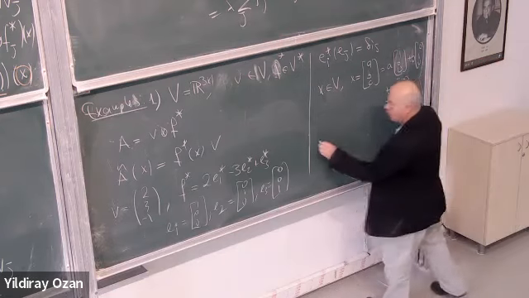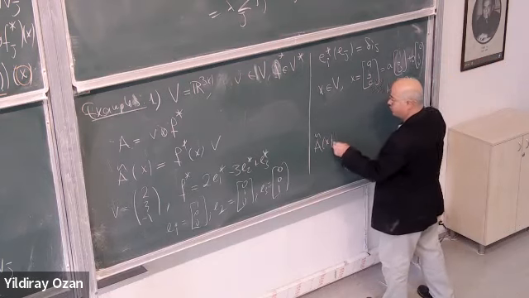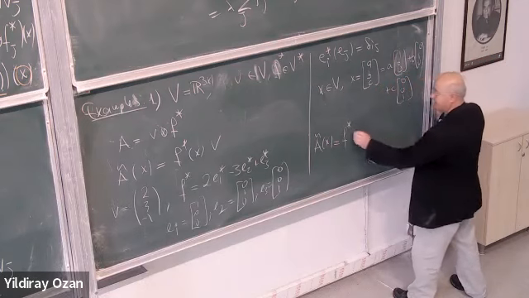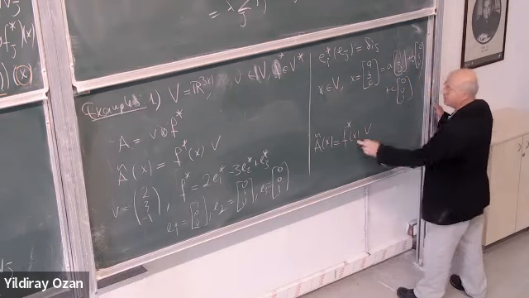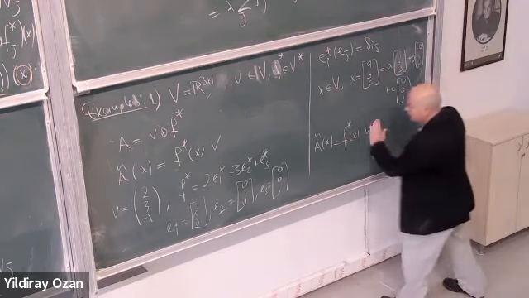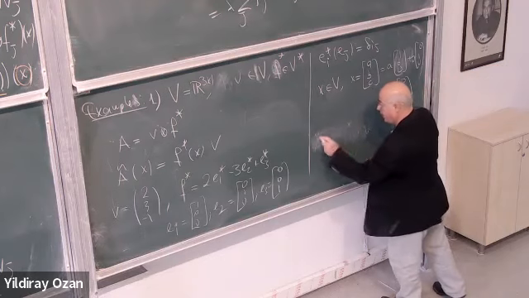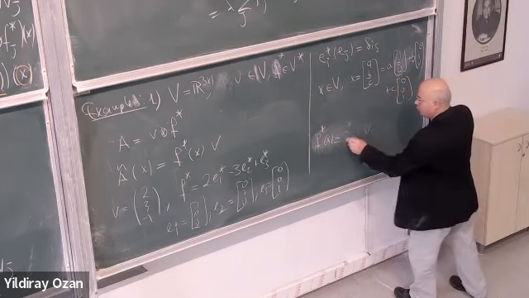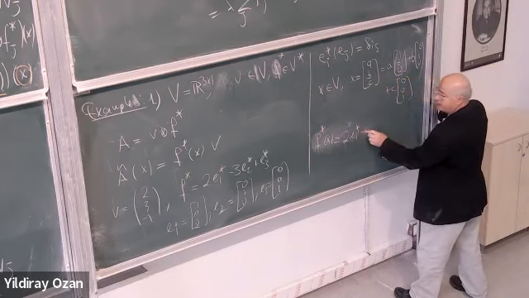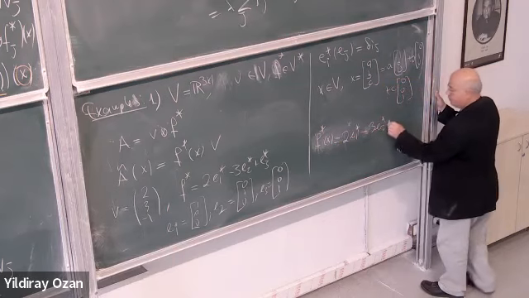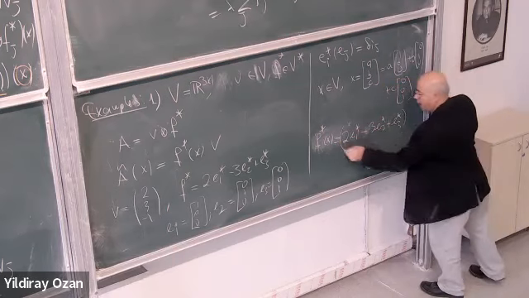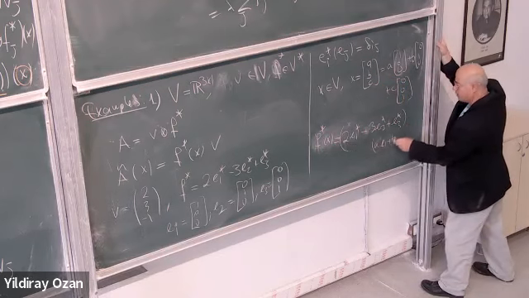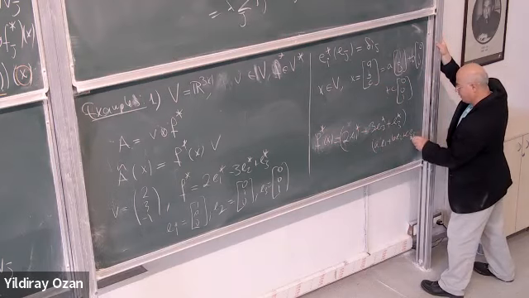So A hat of X is F star at X times B. Let me compute F star of X directly. F star is just 2 E1 star minus 3 E2 star plus E3 star evaluated on X, where X is A E1 plus B E2 plus C E3.